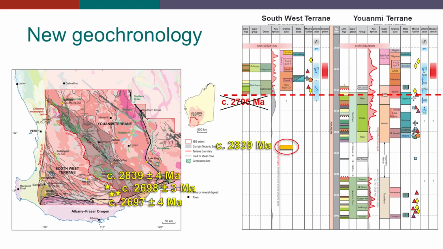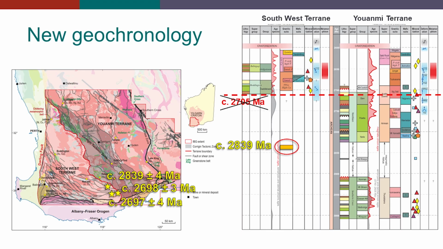Although we knew that there was probably a strong bias in this dataset because we knew that orthogneisses and migmatites exist in the southwest terrane based on existing mapping, but none of these rocks had been dated or published anyway.